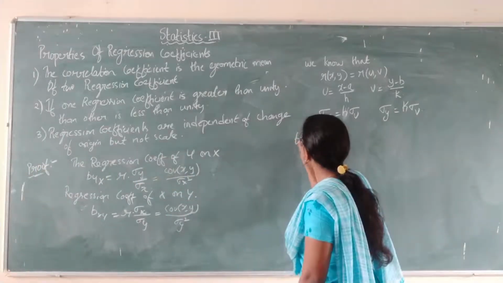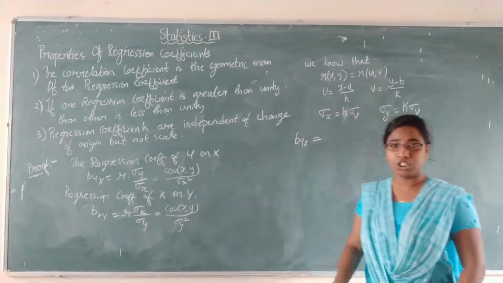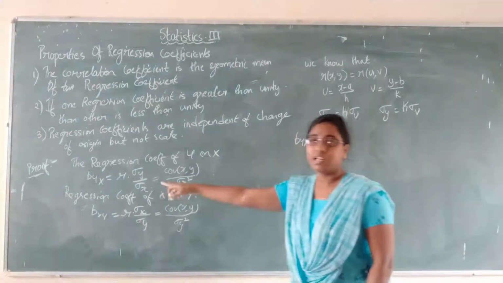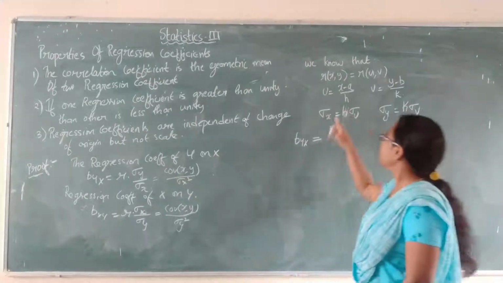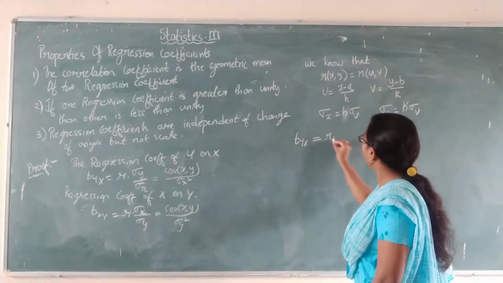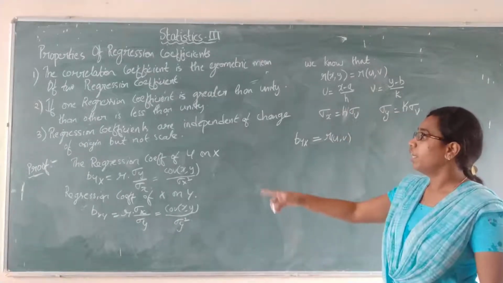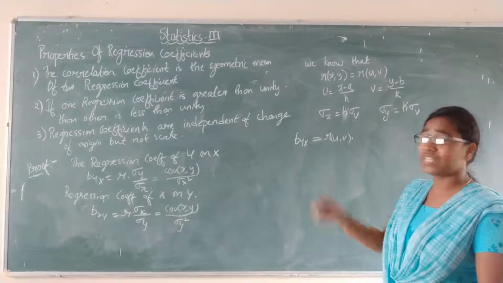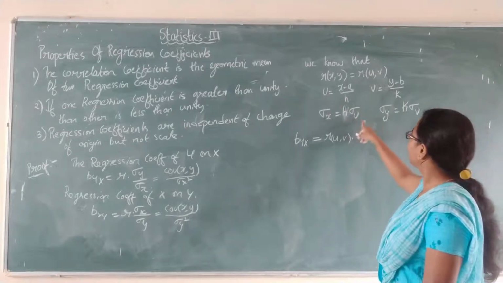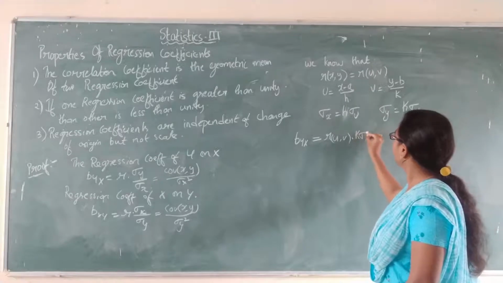So consider first b_yx. What is sigma y value? Sigma y is k into sigma v.